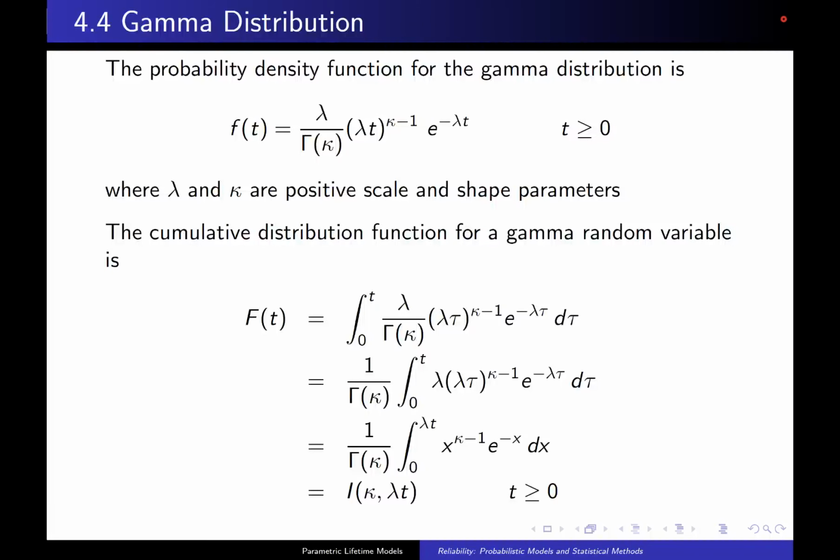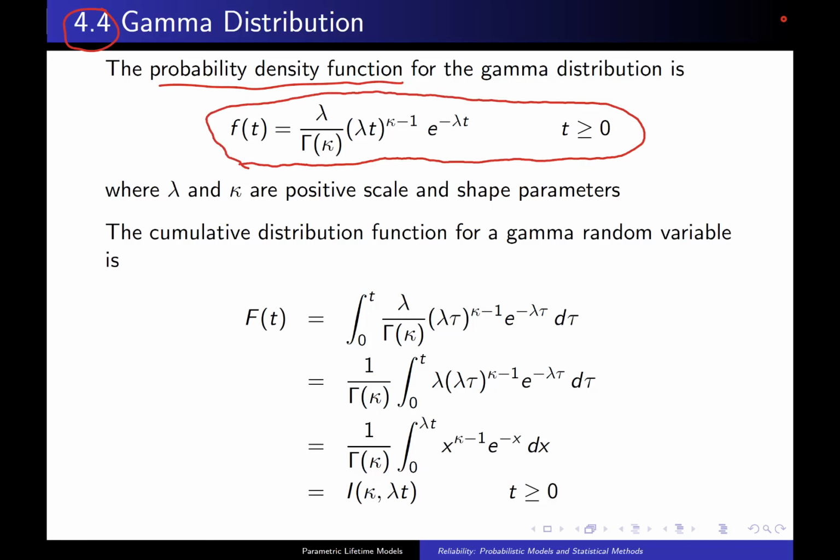So far, we've taken a look in detail at two lifetime distributions, and those are the exponential distribution and the Weibull distribution. This section looks at a new distribution, the gamma distribution, and that distribution has probability density function f of t is lambda divided by gamma of kappa times (lambda t) to the kappa minus 1 e to the minus lambda t.